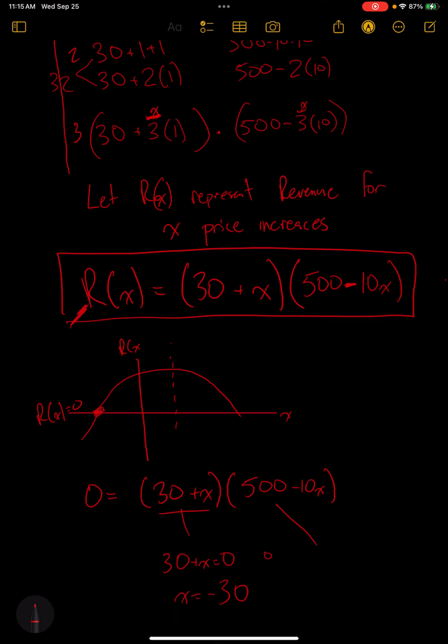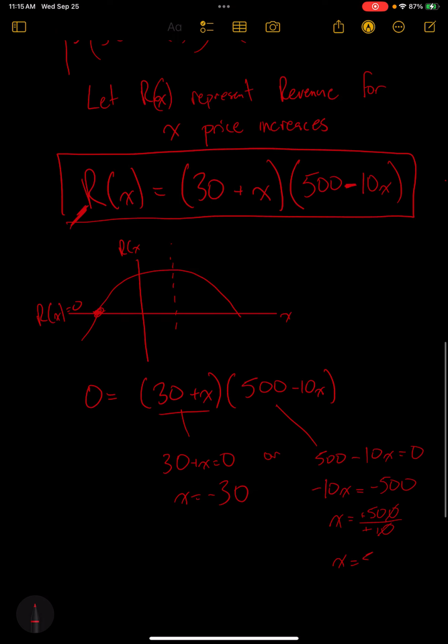And for the other one, 500 minus 10x is equal to 0, so minus 10x equals minus 500. Dividing both sides by minus 10, x is equal to 50. So one zero is minus 30, and the other is 50.